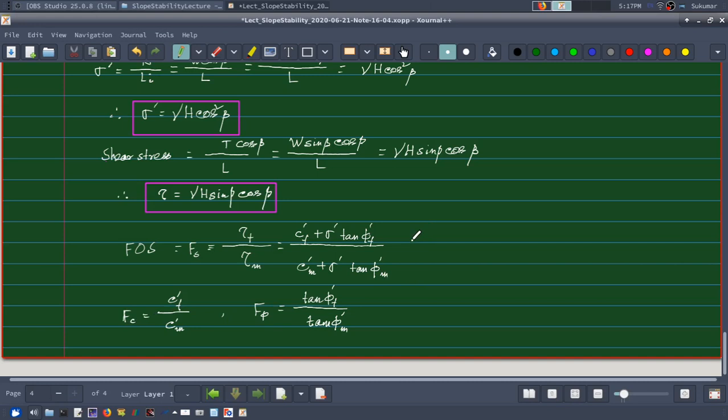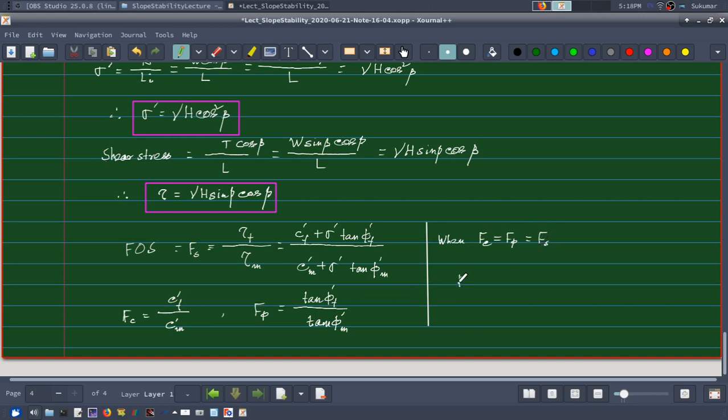Now, when both factors of safety are the same, I can use a common factor of safety. That is when Fc is equal to F phi, and that I call Fs, the general factor of safety.